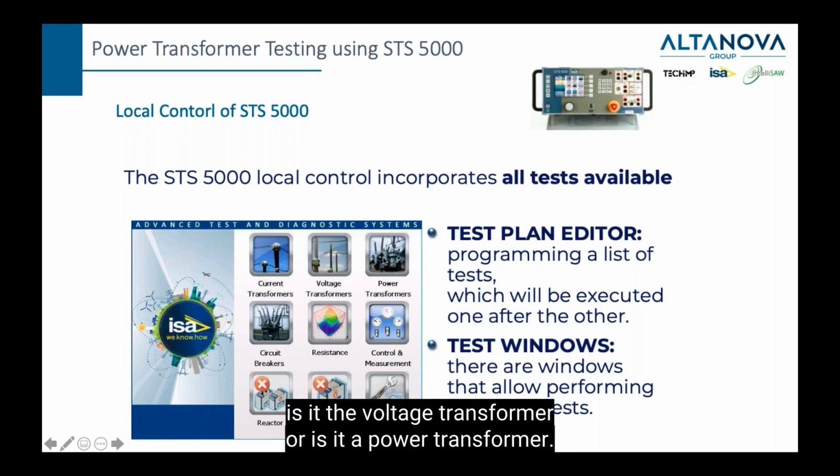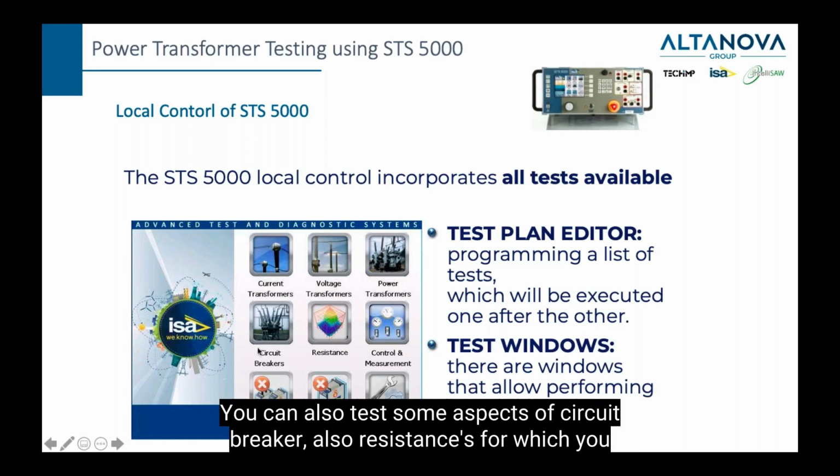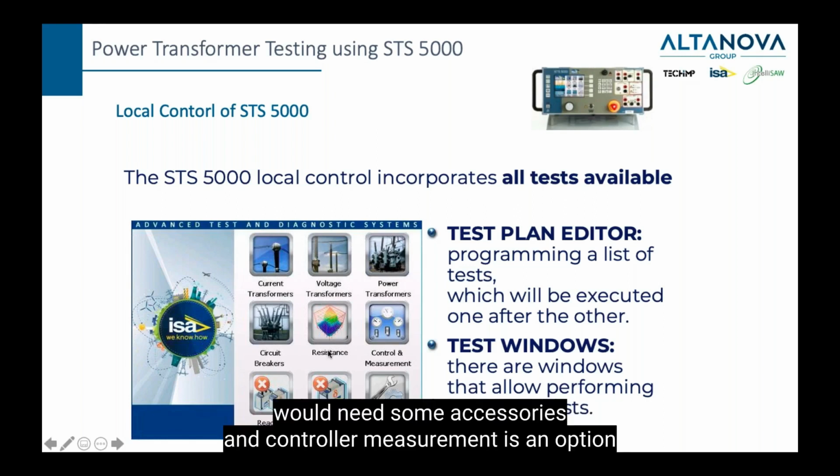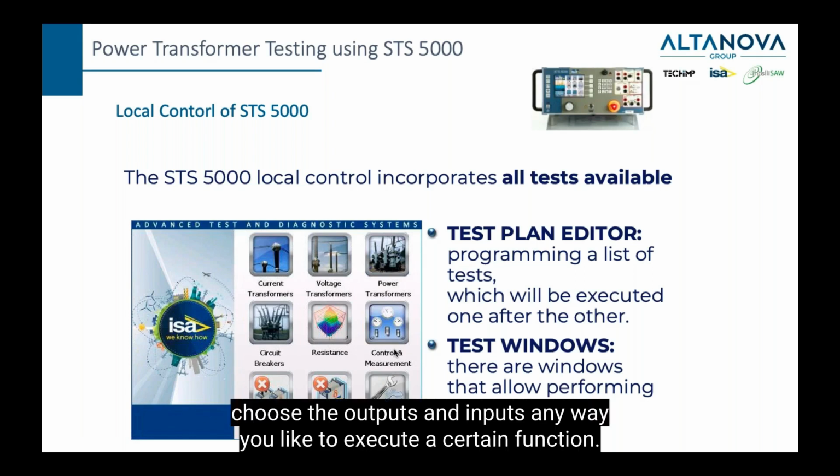Or is it a power transformer? Today we'll talk about power transformer. You can also test some aspects of circuit breaker, also resistances for which you would need some accessories, and control and measurement is an option for you to do manual generation or manual measurement. So you can choose the outputs and inputs any way you like to execute a certain function.